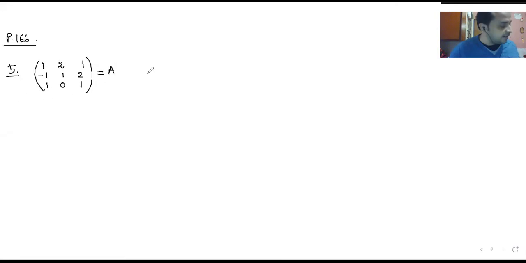First of all, I shall try to find the matrix inverse using the usual process, the way we are familiar with. So we must calculate the determinant of A. Why am I doing this in the usual way?